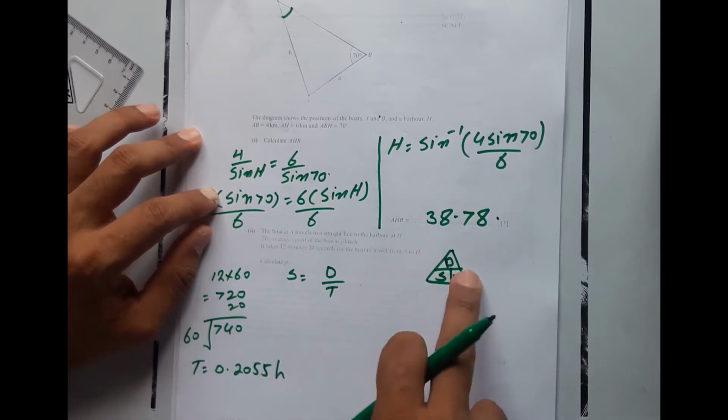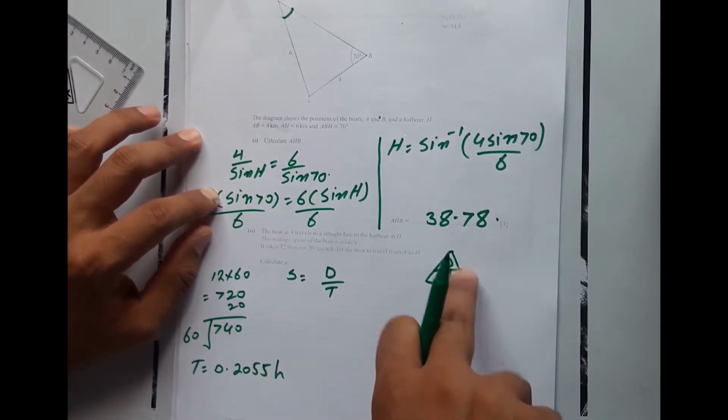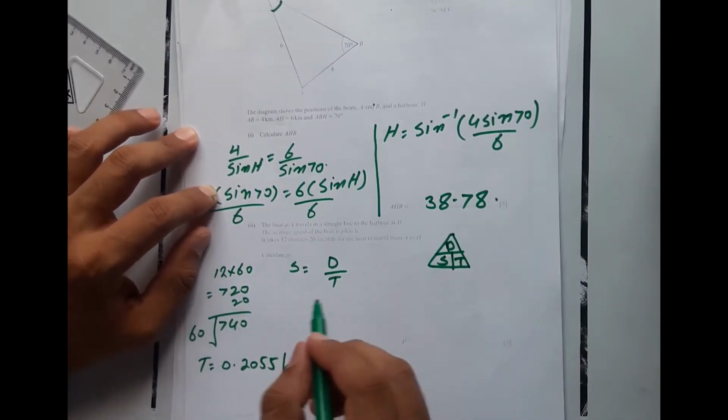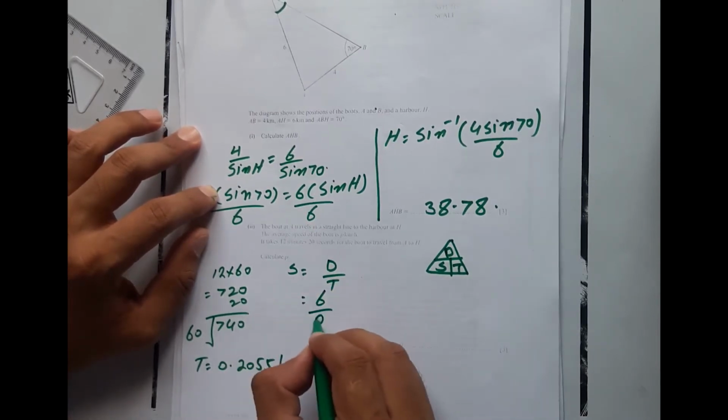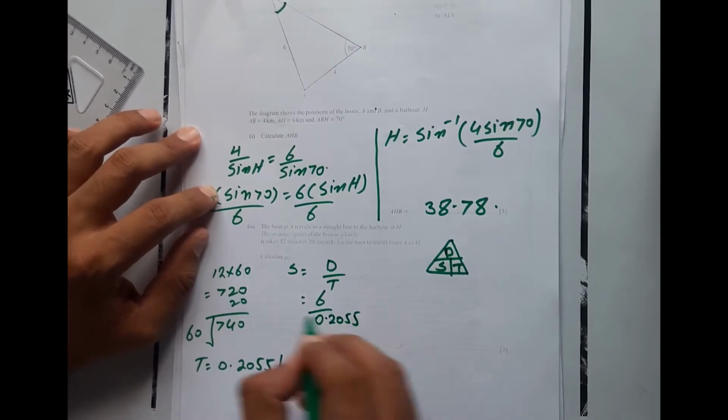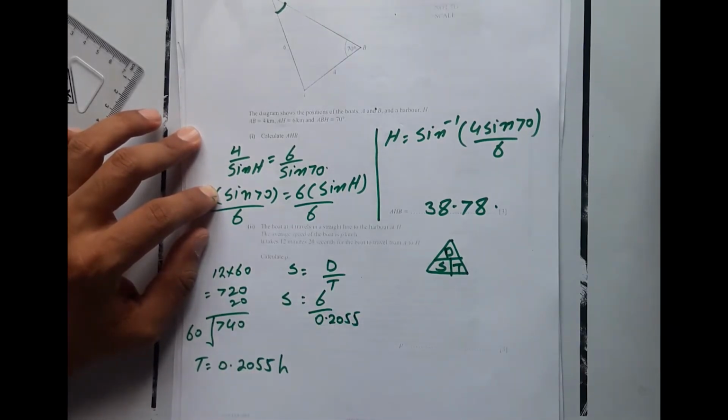When we have to find time, it is distance over speed. So distance is 6 kilometers, time is 0.2055, so speed will be equal to 29.19 km per hour.